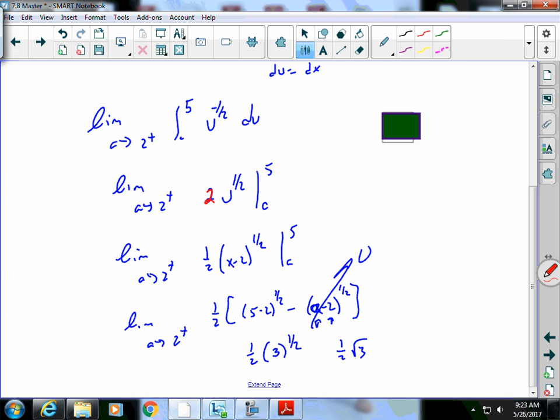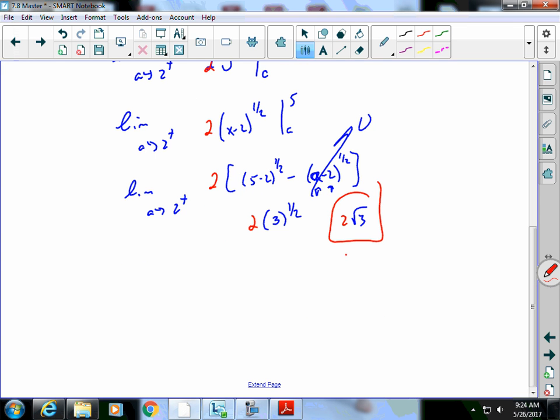I had written a 1 half. This is a 2, this is a 2, and this is a 2 here. I apologize for that. Thankfully, I looked down on my notes and I saw that I had written something differently.